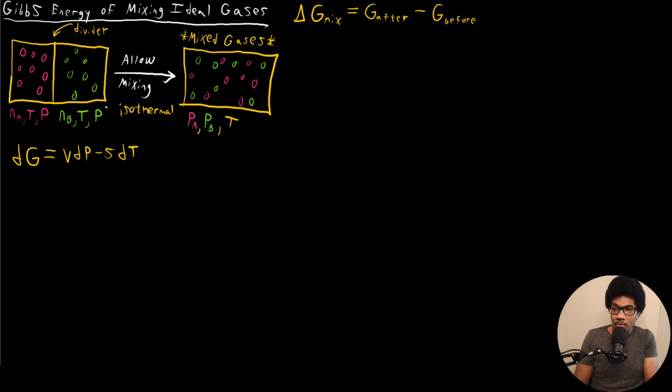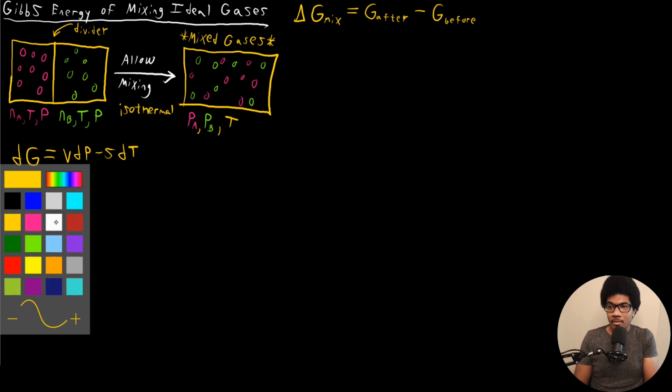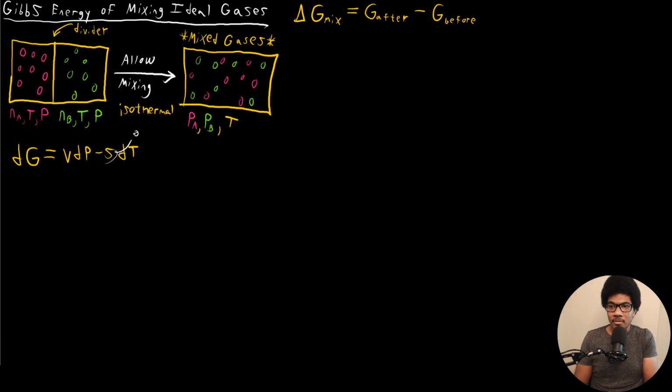The temperature T is consistent throughout the entire process. So for our differential, the dT term goes to 0 since it is isothermal, which means dG is just equal to VdP.